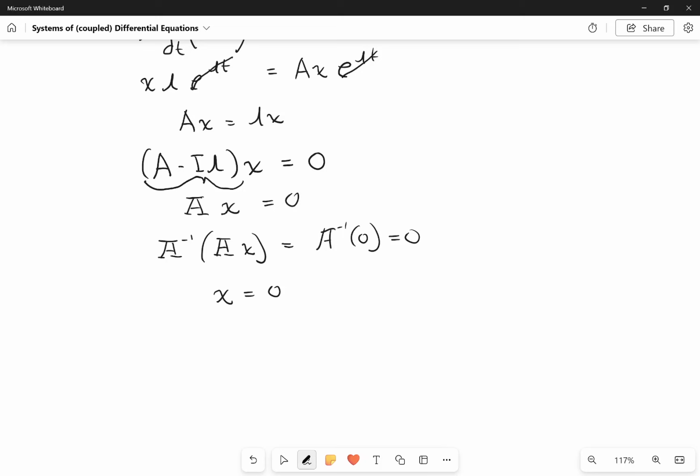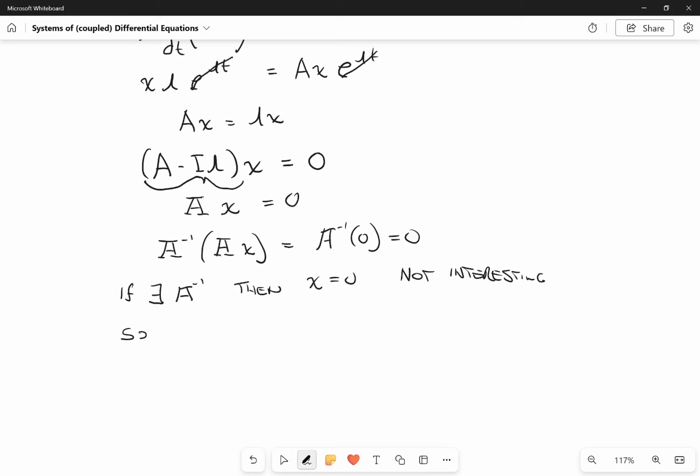That's not interesting. That means there's no eigenvector. So we don't want A inverse to exist.